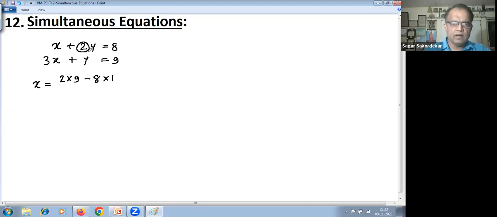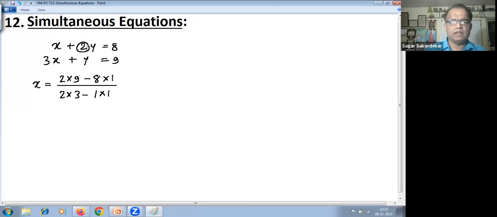Just y means 1y. 2 into 9, 8 into 1. And this you have to divide by, starting from the same point. That's why we call it a center point here. 2 into 3, 2 into 3 minus this 1 into 1.